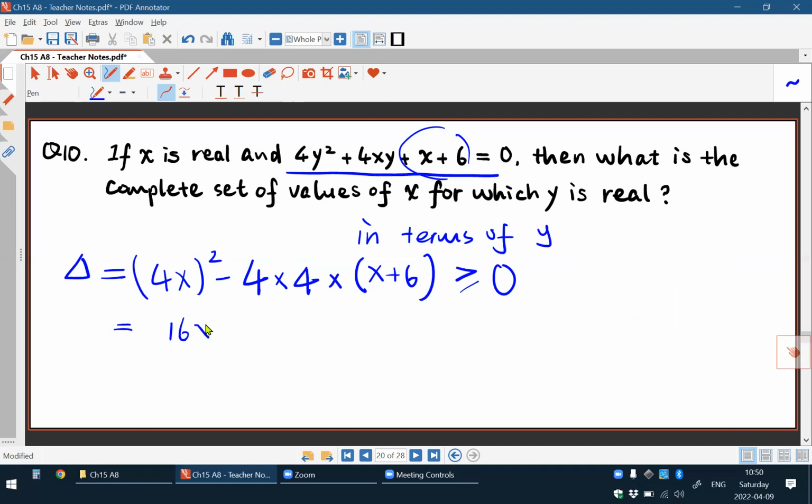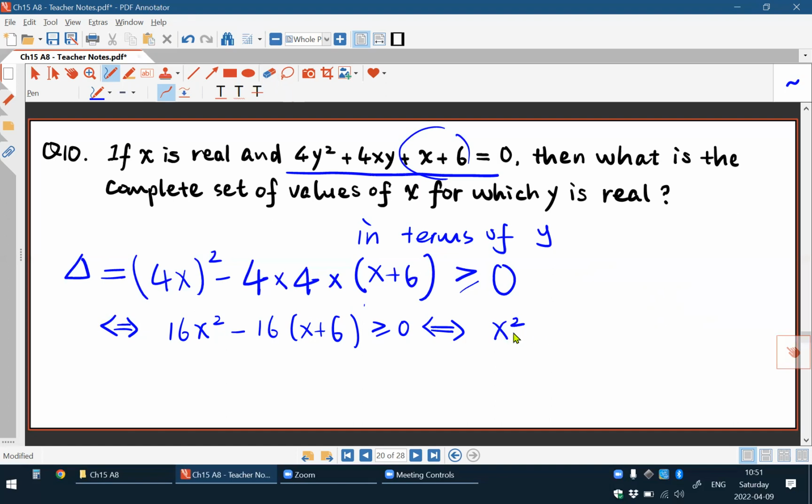This is just 16x squared minus 16 Oh, sorry, I should use the equivalent sign here. This is equivalent to 16x squared minus 16 times x plus 6 greater than or equal to 0, right? Before we explain that, actually we can divide both sides by 16, right? 16 is a positive number, so we don't change the inequality symbol here.